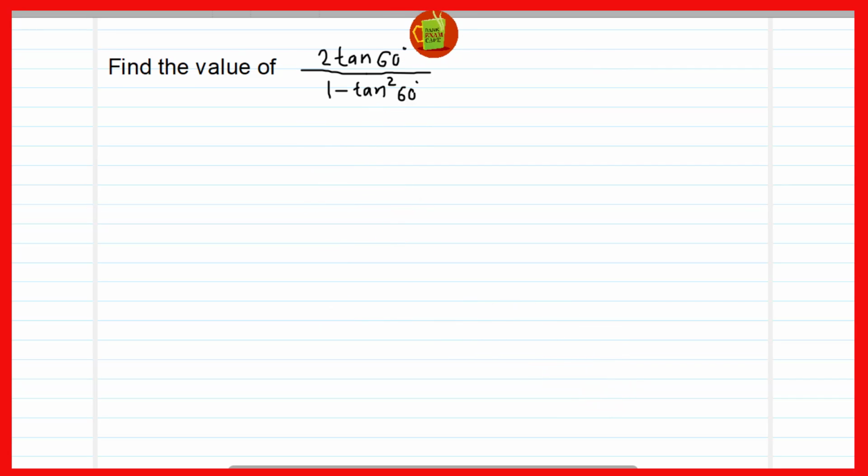Now move to the next question. Find the value of 2 tan 60 upon 1 minus tan squared 60. So which is equal to 2 into tan 60. Tan 60 is what? It is root 3, upon 1 minus tan 60, again it will be root 3, so root 3 squared.